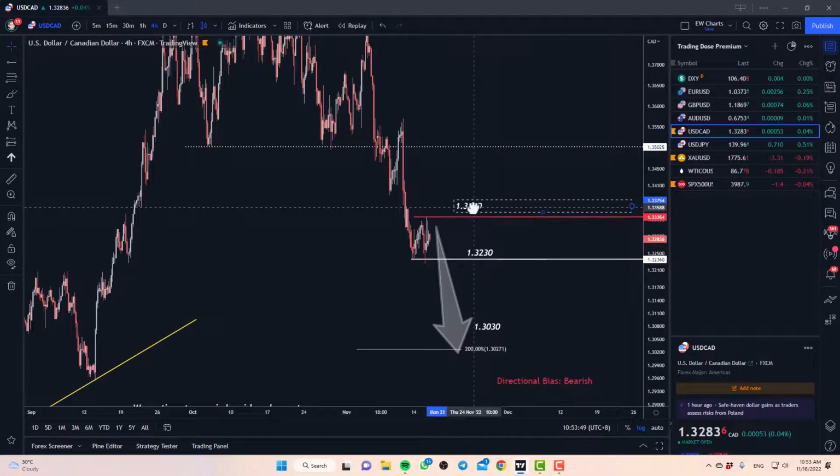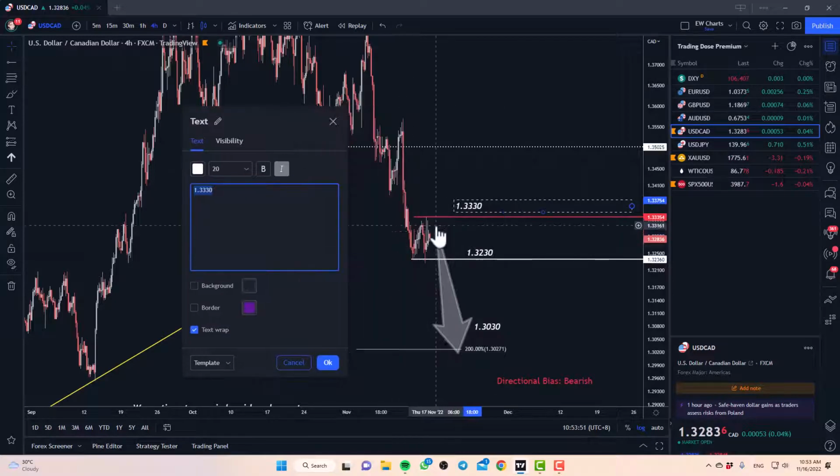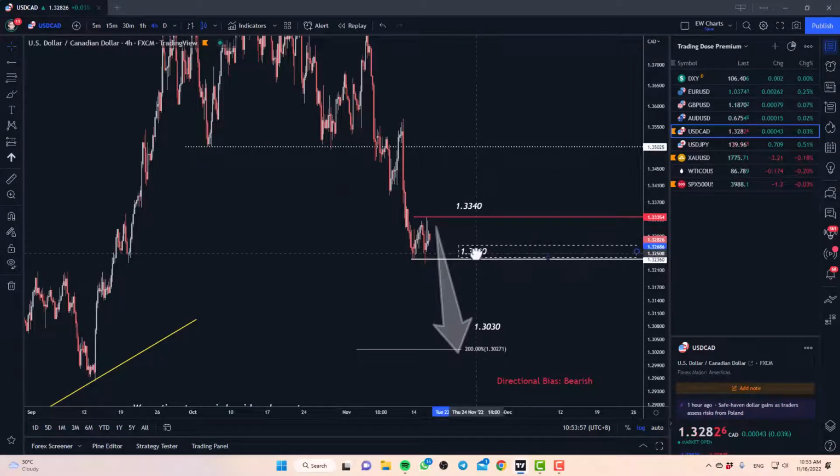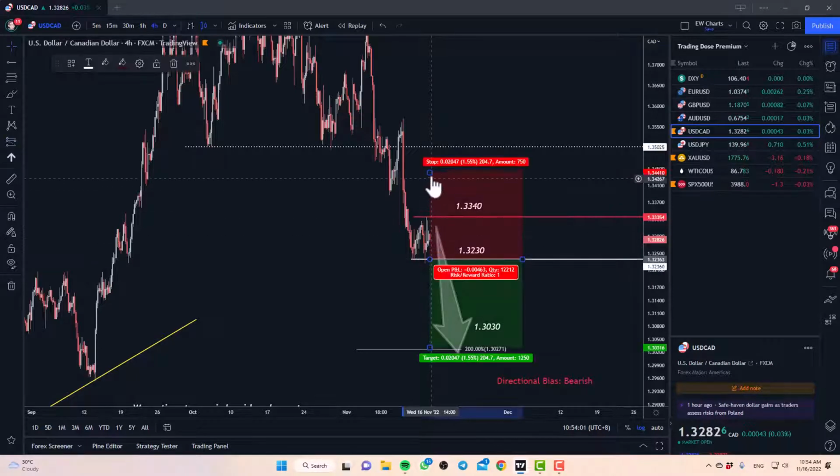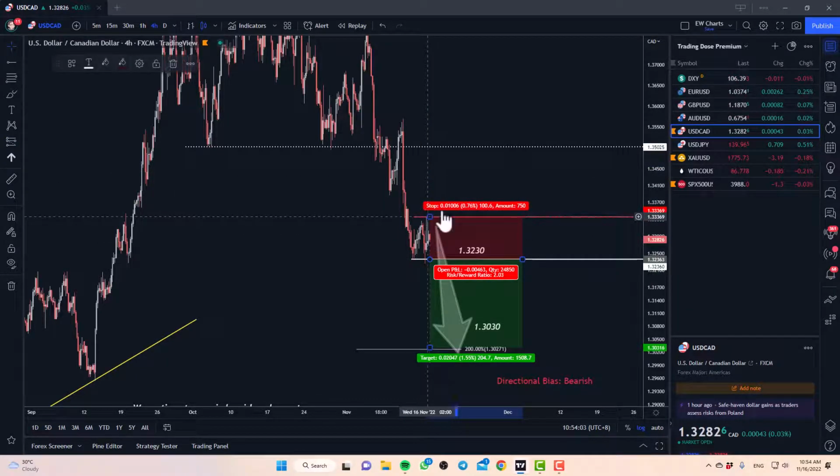Your stop can be placed just above that recent high, which is currently somewhere around 1.3340. Okay, so it's not really a tight range. If you measure this very quickly, I think that's close to 100 pips, right? And your target for now, you can aim somewhere around 1.3030. That will still give you a risk reward of 1:2, so it's still fairly decent.